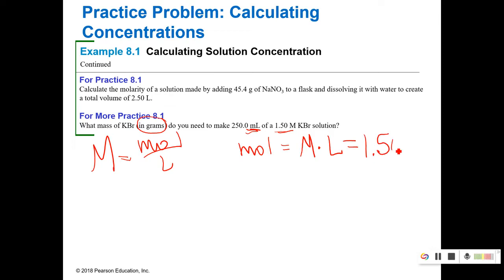Okay, my molarity is 1.5. And for milliliters to liters, you have to divide by 1,000. So this is 0.25 liters. And so I get moles is 0.375 KBr.